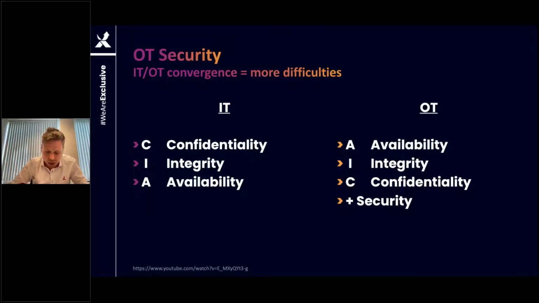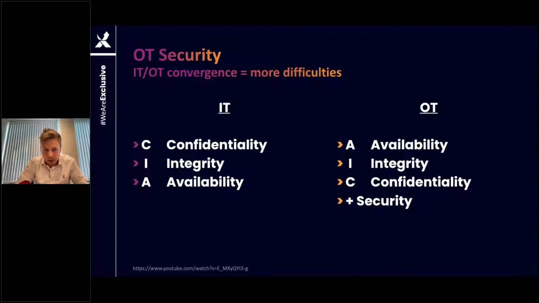Confidentiality, you want to be sure that you're talking with the system that you think you are talking to. Integrity, you want to be sure that your data is not altered along the way. Availability, you want to be able to reach the person or the system at the other side of the line.